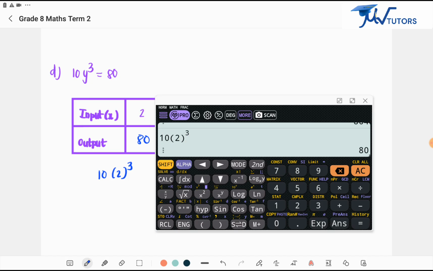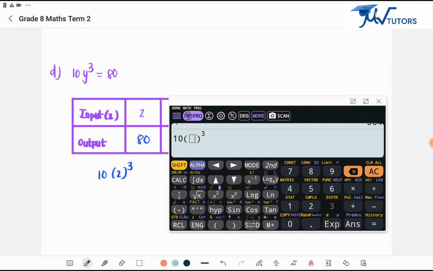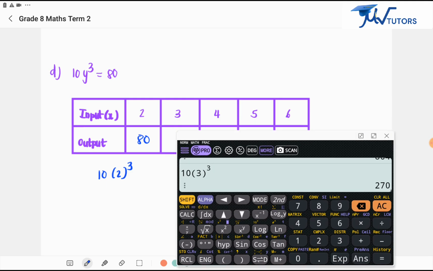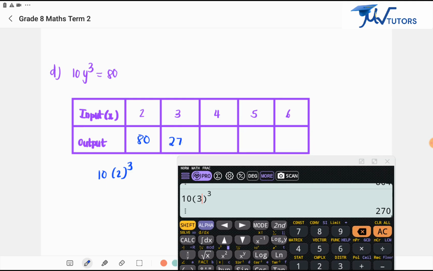Now, what if I put 3 there instead of 2? So I have 270, because 3 cubed is 27, and 27 times 10 is 270. Then 4 cubed, okay, I'm going to have to rush over here.